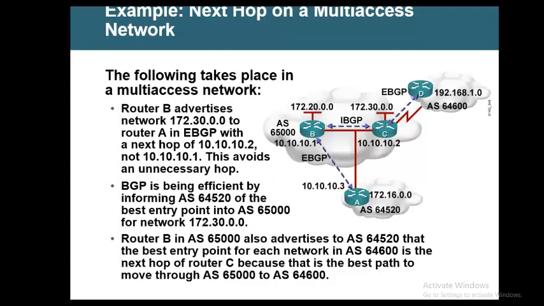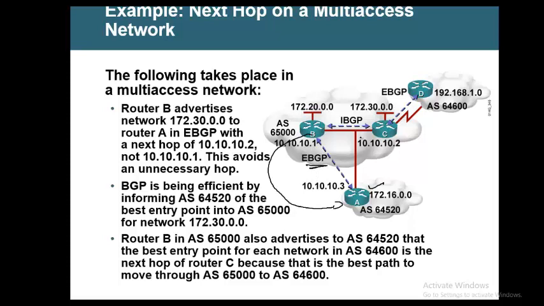This is the important story that I want to emphasize. Before I explain this, I want you to go through this. This C and A are not neighbors. Okay? They are not neighbors. Actually, A learns about the networks of the other autonomous system only from B, because B and A only have eBGP.